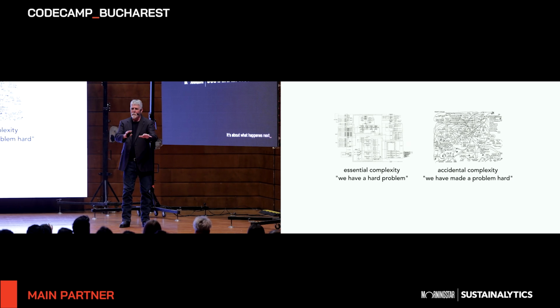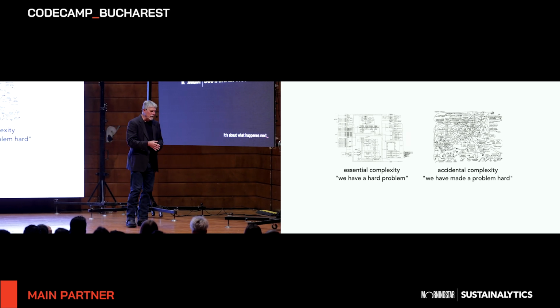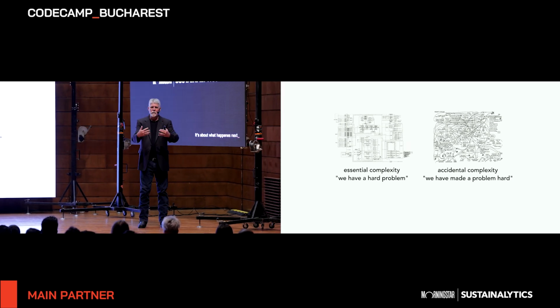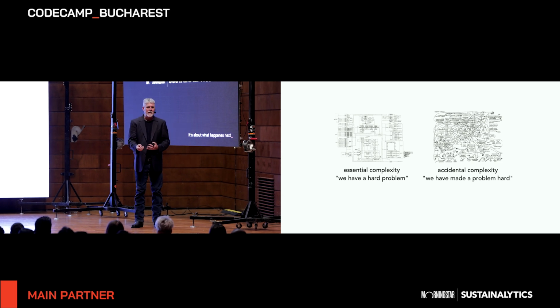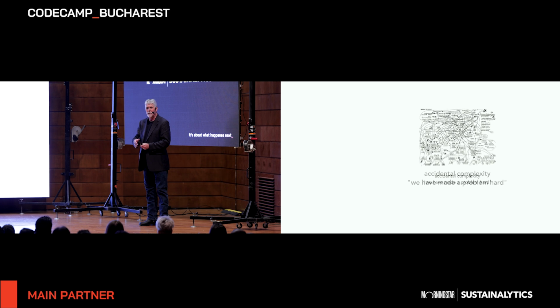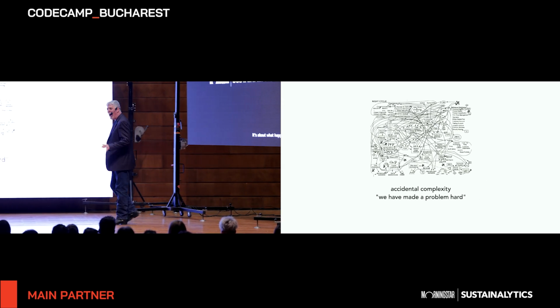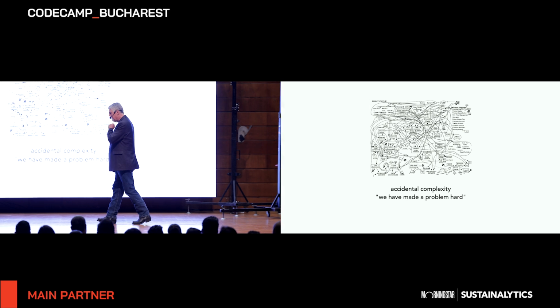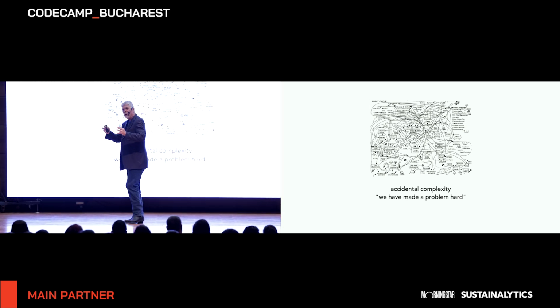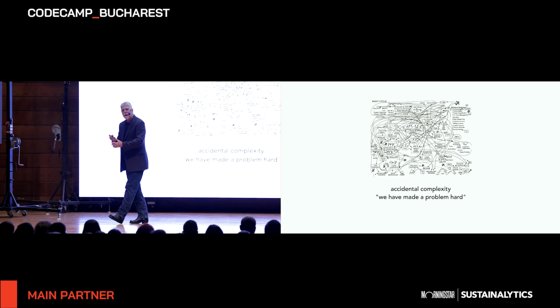Now, we're going to talk about and show examples of each of these, but the main point of this session is to show you some techniques, some tools, to help address both of these kinds of complexity. So let's actually start with accidental complexity.